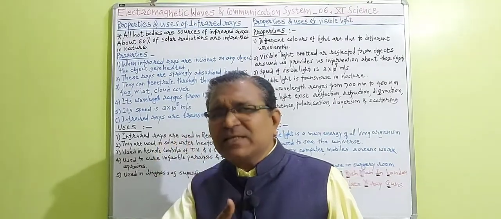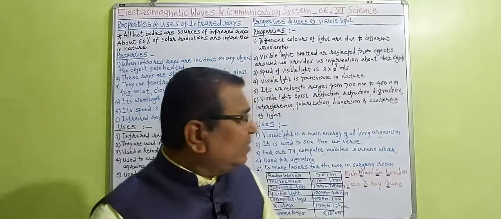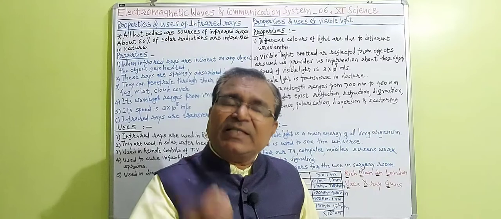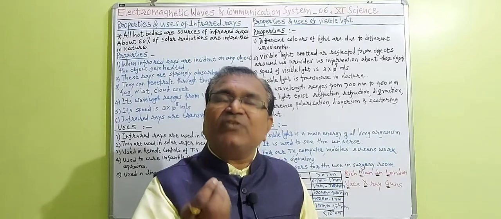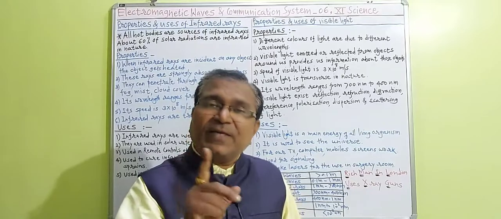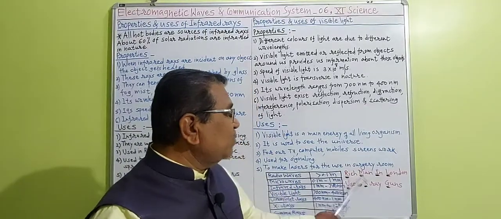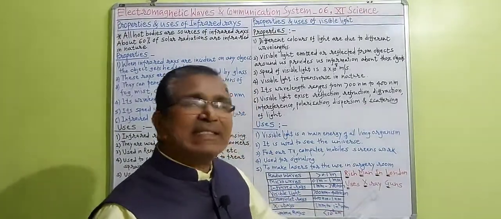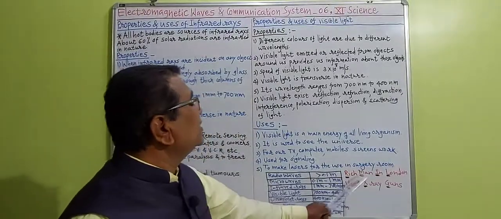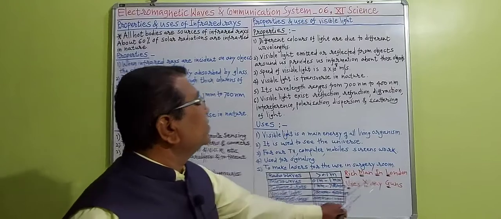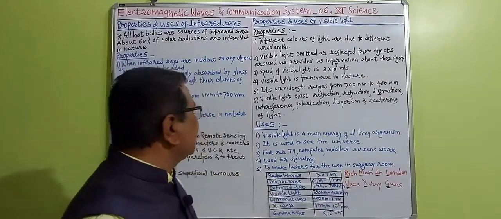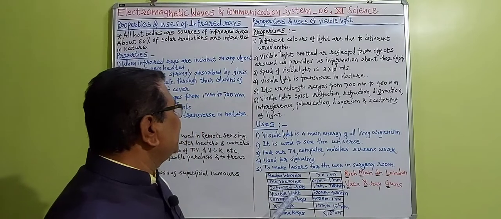I will repeat again what I have written here. By making use of this table, we can easily remember the range of wavelength of each electromagnetic wave by referring to the sentence: rich man in London uses X-ray guns. Here R stands for radio waves, M stands for microwaves, I stands for infrared rays, L stands for light, but which light?